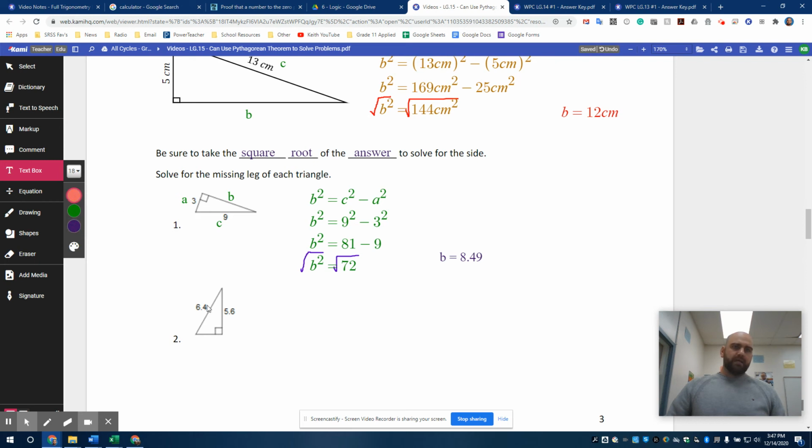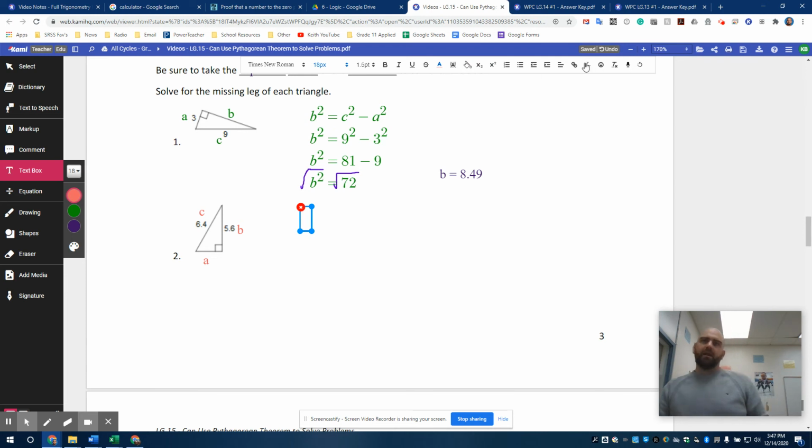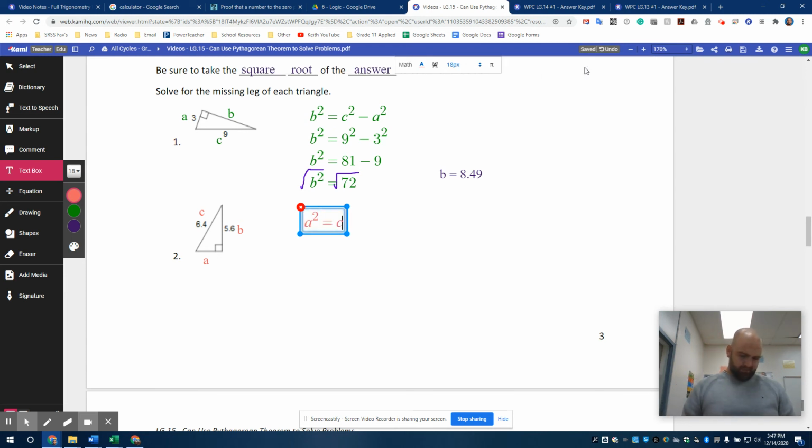All right, last one here. Again, hypotenuse is C. This side I'm going to call B in this case, arbitrarily. And this one here is going to be A. In this case, we're trying to solve for A. So now instead of using B squared, we're going to do A squared. Again, it equals the same thing, minus B squared.